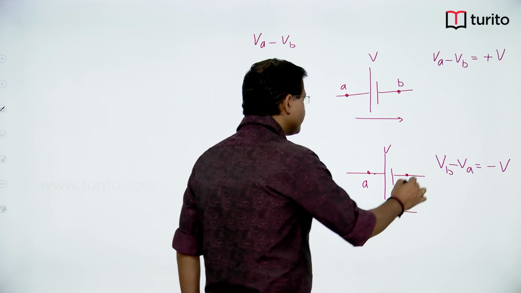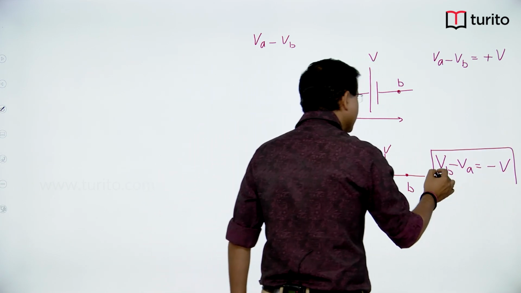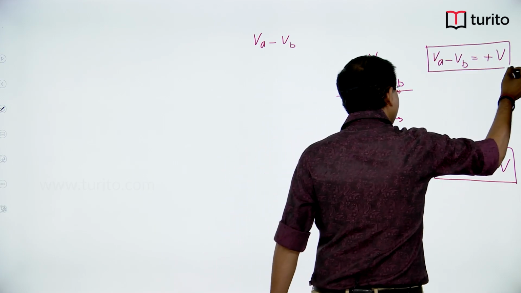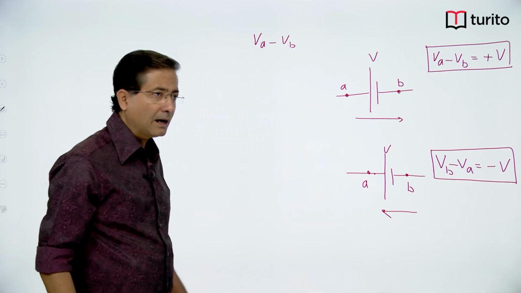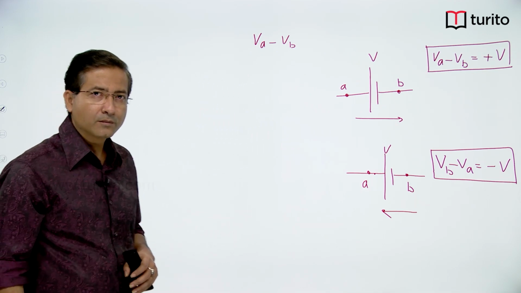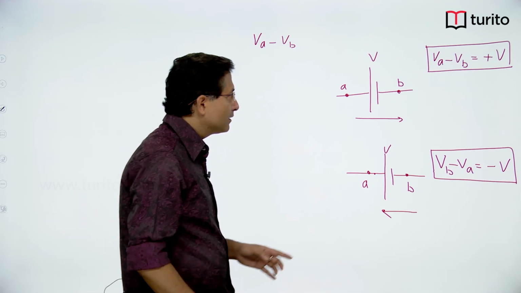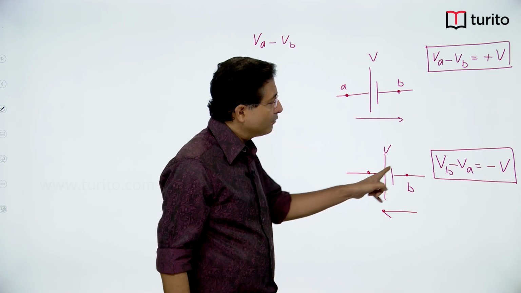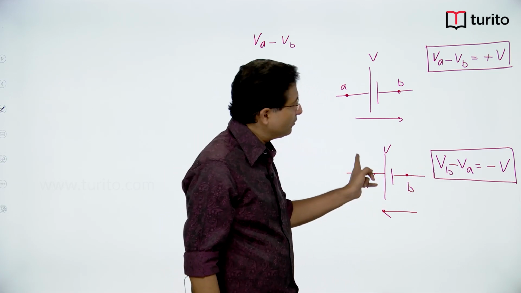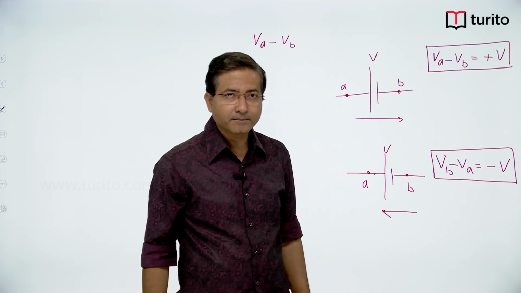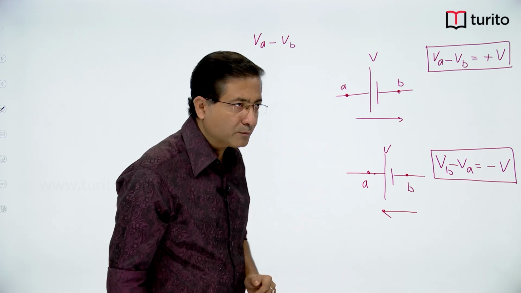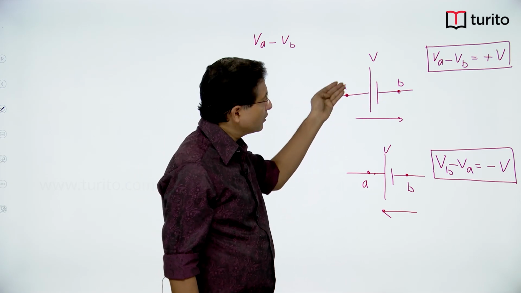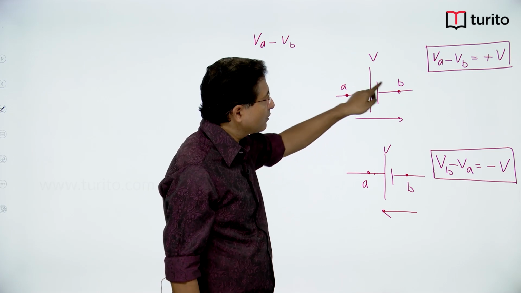So, from here what I can say, while moving across an element in a loop, increment, when you are coming from B to A, must be taken with negative sign, while decrement must be taken with positive sign. Look at this one, from A you are going to B, potential is getting decreased, from higher potential you are going to lower potential.